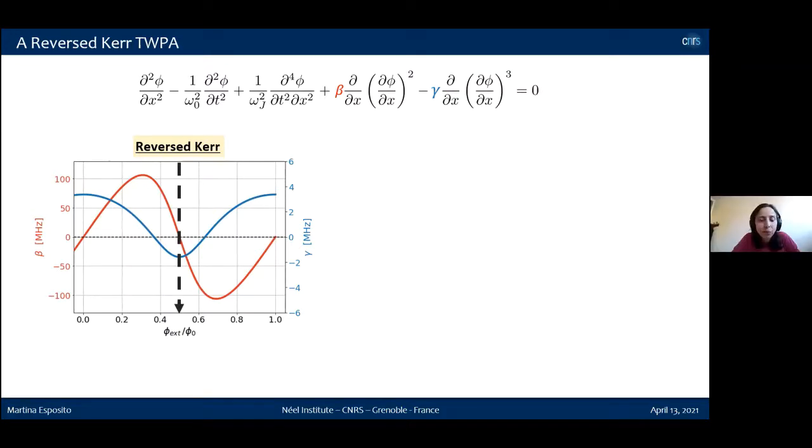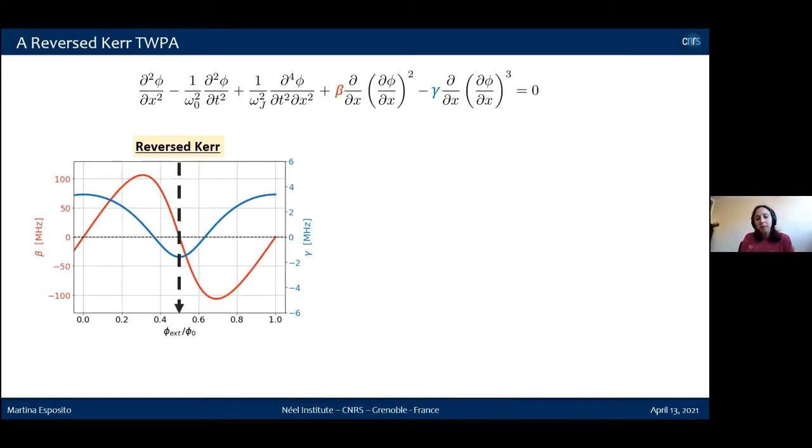Yeah, that's a very good point indeed. This device has very rich physics. In this talk, I just focused on the four-wave mixing amplification, but since we can tune the nonlinearities, we can look at three-wave mixing processes. And since the derivative of beta is very high at the sweet spot, you would basically like to kill all the three-wave mixing processes, but this is not so easy.